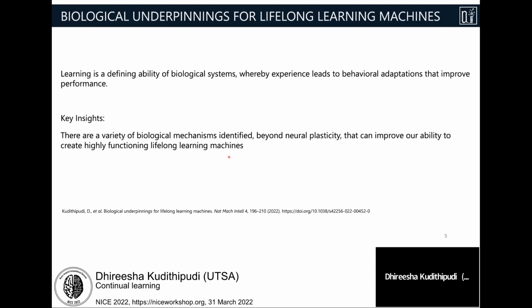Here we say learning is really a defining ability we see in biological systems where experience leads to behavioral adaptations that improve performance. And one of the key insights in here is that there are several biological mechanisms beyond neural plasticity, whether they're neural mechanisms or non-neuronal mechanisms, that can improve our ability to create highly functional learning systems, or particularly lifelong learning systems.